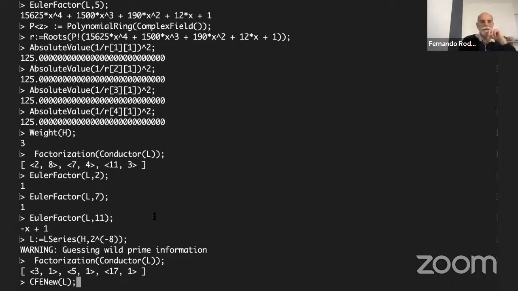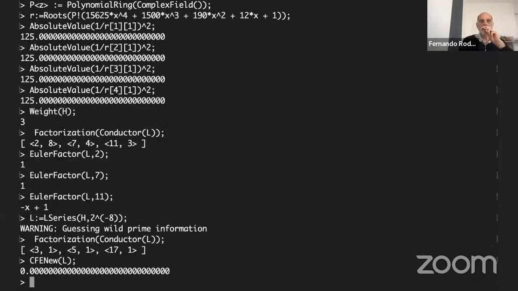This is what CFE nu stands for, check functional equation nu of this L. And it comes out to be 0, 0, 0, 0, 0. It's not a proof, of course, but a fairly strong indication that this L function that we constructed, with all the various extra things that were guessed, actually seems to satisfy the correct functional equation.